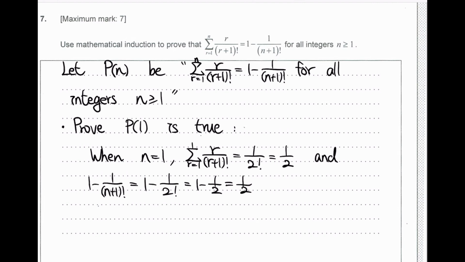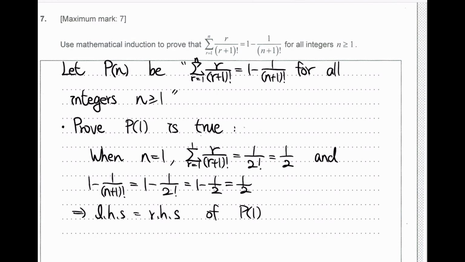So we see that the left-hand side is equal to the right-hand side in this case. So this means that the left-hand side is equal to the right-hand side of P of 1.